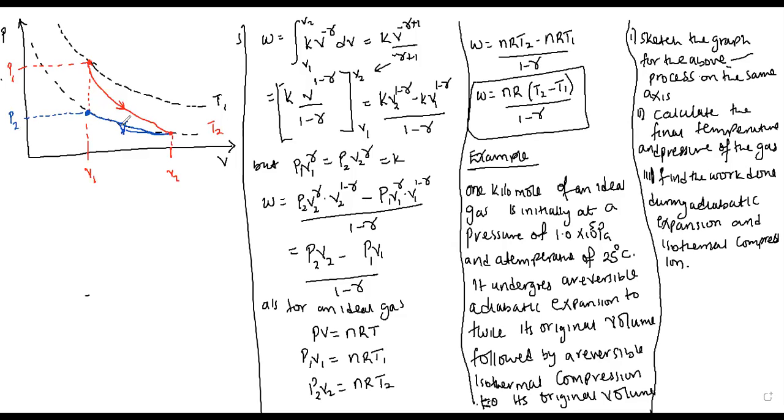So that's how the graph looks. So we expanded it, that is expansion. This is adiabatic expansion. Then this second one is adiabatic compression.